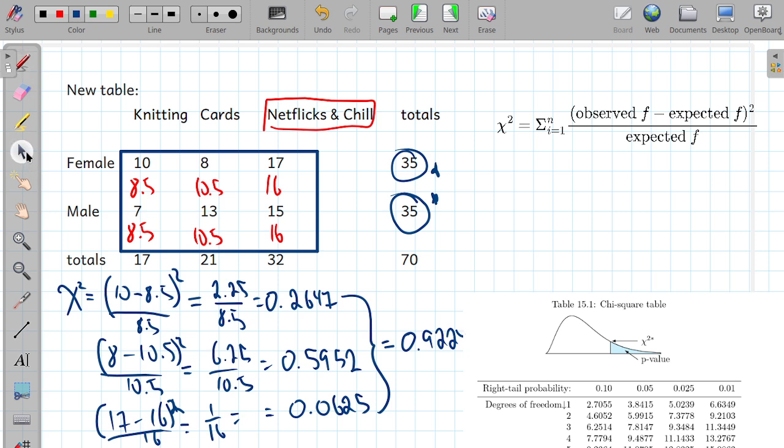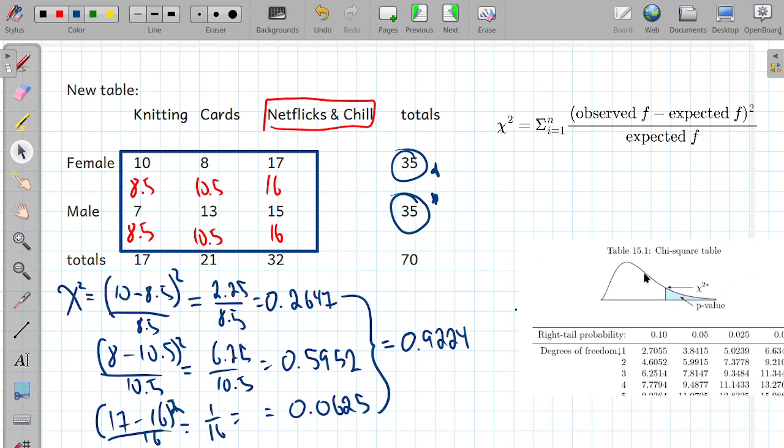I'm going to move this picture out of the way for a minute. Times 2. So this is going to be 1 point something, 1.848. There's our test statistic.